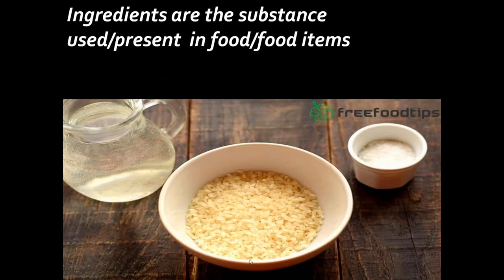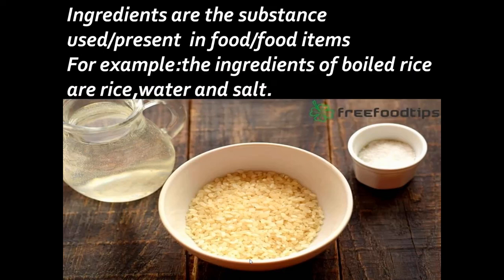So, the materials that we use to cook food, the materials that we add in preparing food, are called ingredients. So what are ingredients? Ingredients are the substances used or present in food or food items. For example, the ingredients of boiled rice are rice, water and salt, as you all can see in this picture.